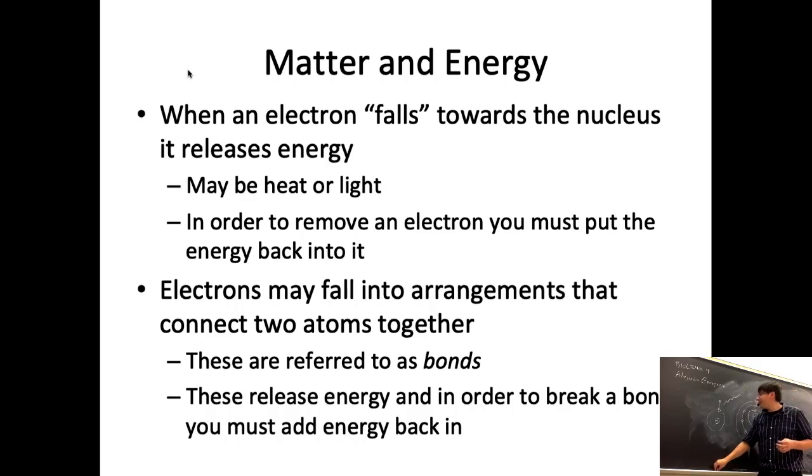Now, if I want to take this electron and put it back out here, it's like taking this paper clip and putting it back up here. What do I have to do? I have to go pick it up, and what does that require? Energy. I have to put energy back into the paper clip to pick it up. If I want to take an electron away from a nucleus, I have to add energy to it.